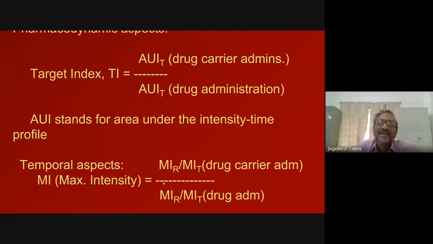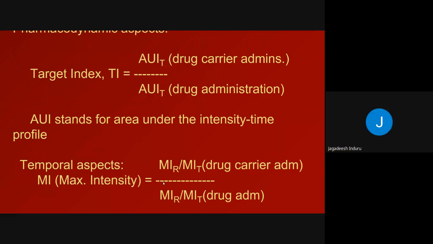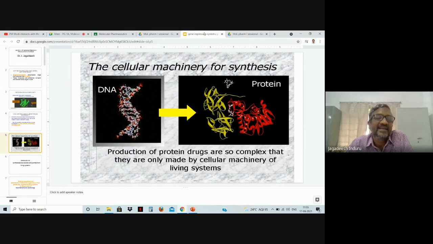The third thing is the temporal aspect. In the time-based space, we use MI, that is, maximum intensity. Compared to your regular approach, we are making changes in the DNA and releasing a messenger RNA, and triggering that messenger RNA, that is the transcription process, we translate into a protein.